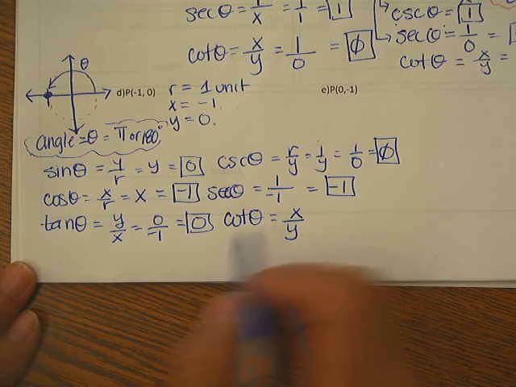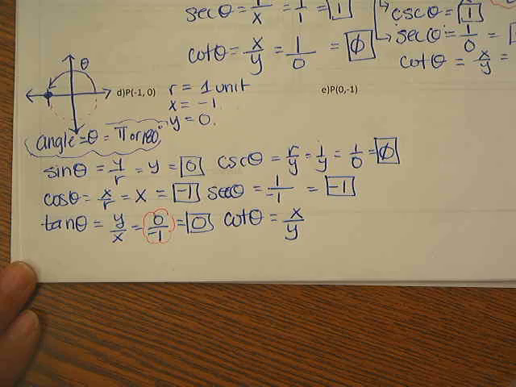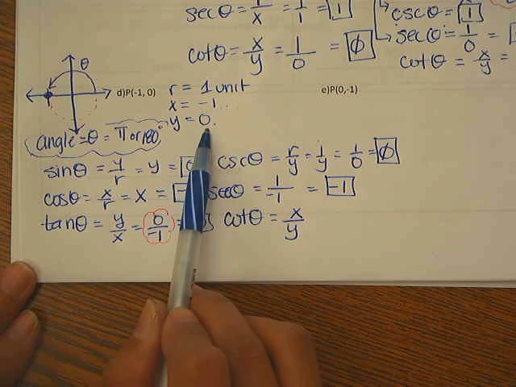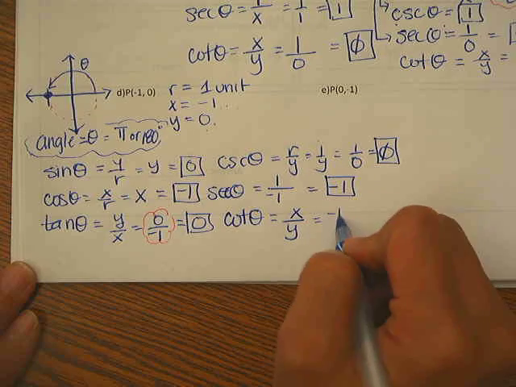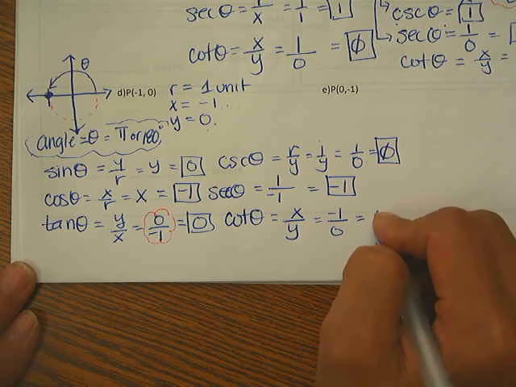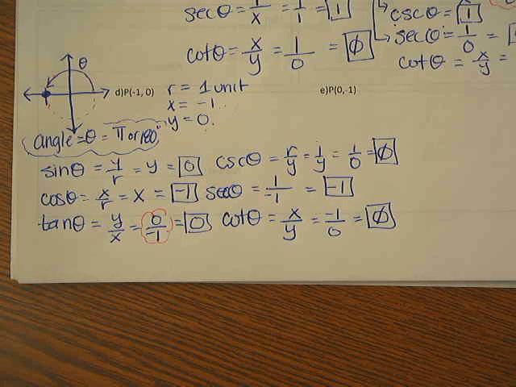And all I do again, if you wanted to, is flip this. X is going to be -1. Y is going to be 0. And is it okay to have 0 in your denominator? No way, right? So that's going to be undefined. Alright, take a second to copy it down.